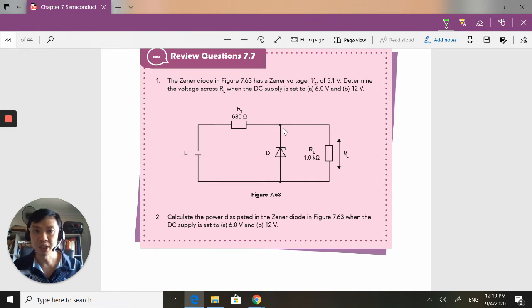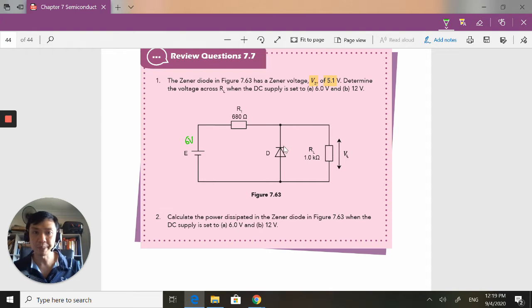Okay, so let's do our circuit analysis here. VZ is 5.1 volts. They want me to determine the voltage across RL when the DC supply is 6 volts and when the DC supply is 12 volts. Let's start with 6 volts first.